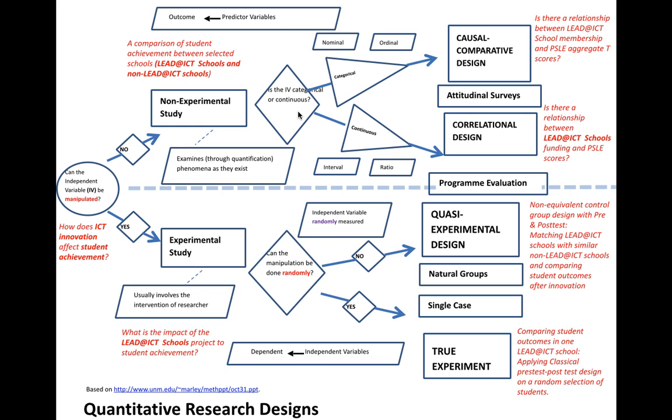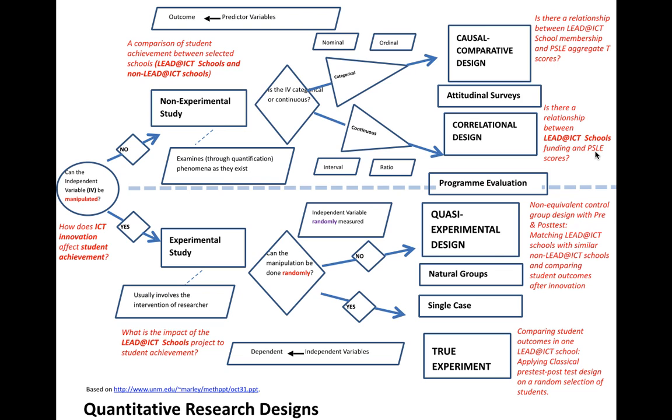Now, is the independent variable continuous? We have spoken about continuous variables in the previous session. So if it's continuous, you're looking at correlational designs. So is there a relationship between the funding of lead ICT schools, the amount of dollars, and PSLE scores? PSLE corresponds to the Primary School Leaving Examination.